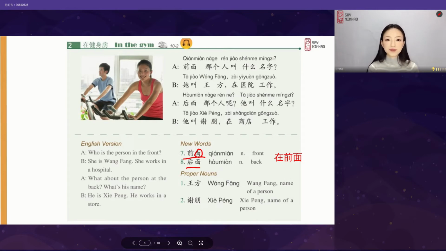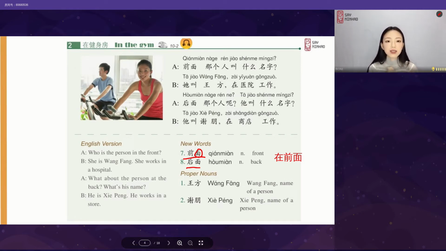Okay, now try to say the person in the front. This one is a little bit tricky. It is a phrase, it is not a sentence. So the in the front is actually describing the person, right?